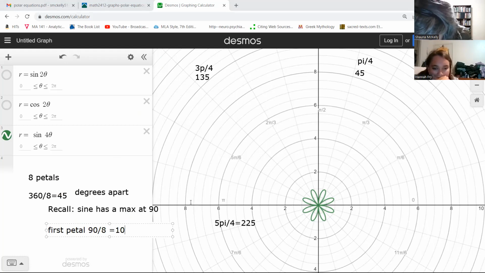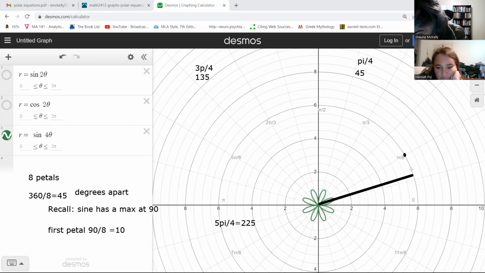It would start at, now this is a little bit hard to see, it's not where this line goes through the petal. You see that? This line goes through the petal right about here, halfway through the petal. This line here is 30 degrees.